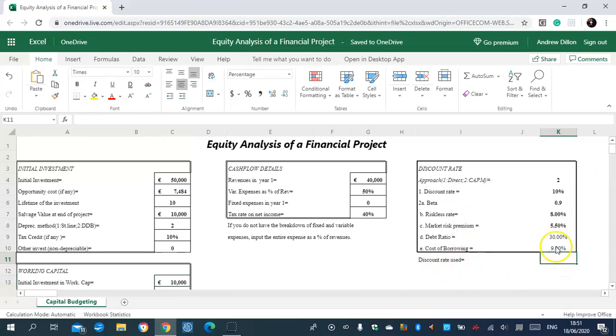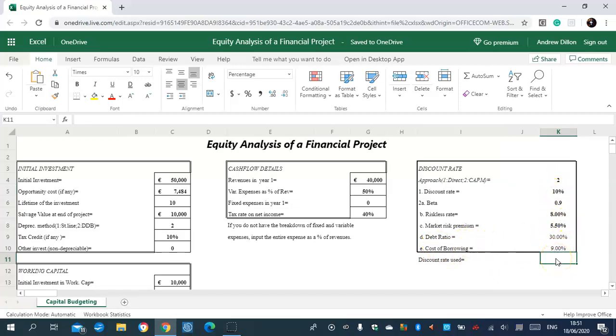This is going to be an IF statement. It's going to be related to the discount rate table. So, when it comes to I5, I6, I7, I8 and I9, the discount rate used will be inserted into those related percentages. So here we go.